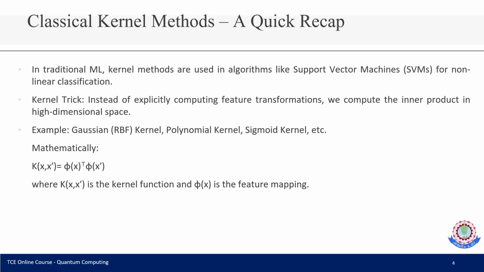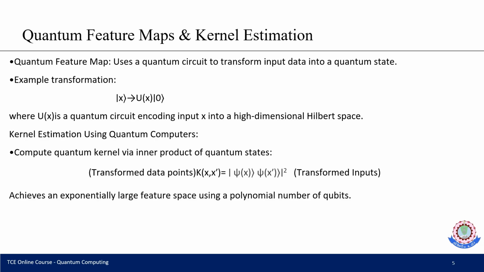Mathematically we can represent this as k(x, x') = phi(x)^T phi(x'), where k(x, x') is the kernel function and phi(x) is the feature mapping.